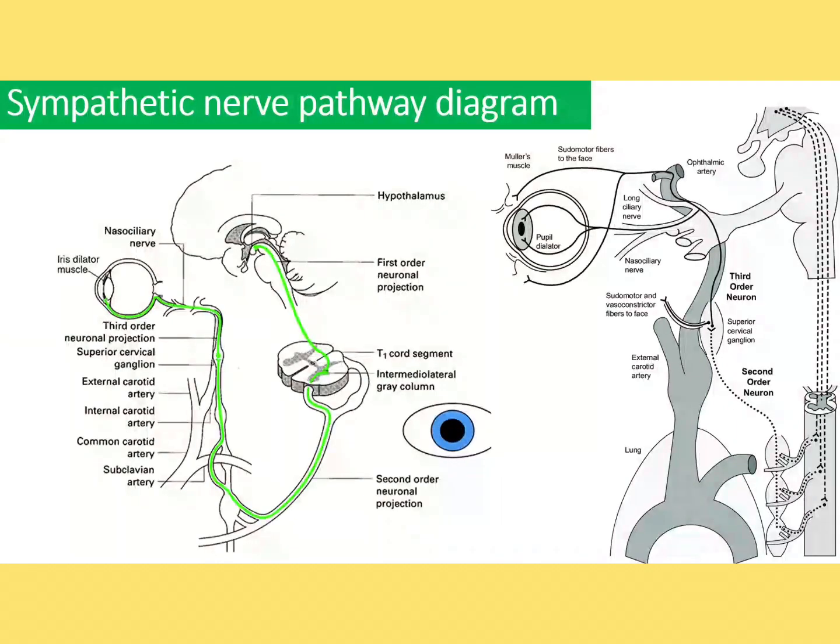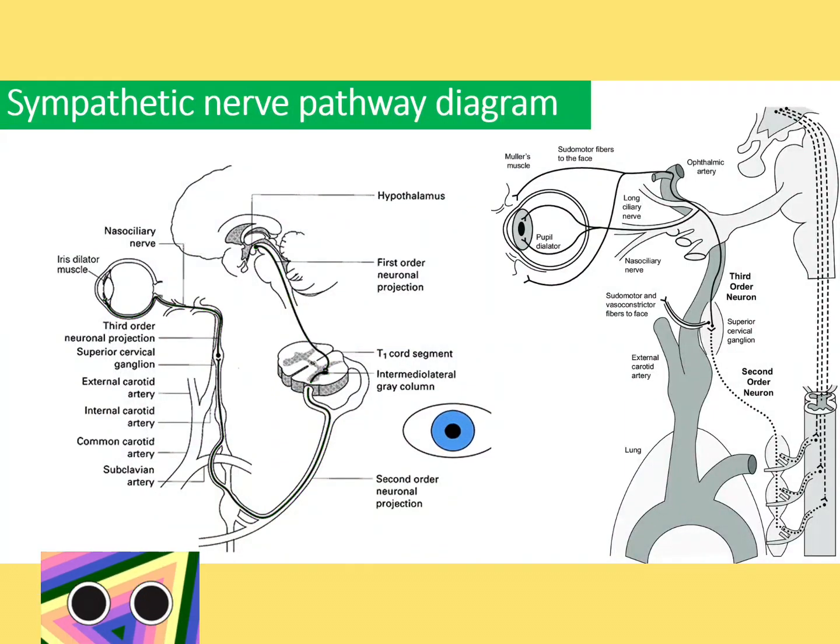Then ultimately it reaches the ophthalmic division of the trigeminal nerve, where one branch of the trigeminal nerve is the nasociliary nerve. It reaches the nasociliary nerve and ultimately reaches the pupillary iris, as well as the Müller muscle of the eye. Müller muscle helps the eye to elevate, the same as the LPS muscle, but Müller muscle helps keep the eyelid in a stable position.